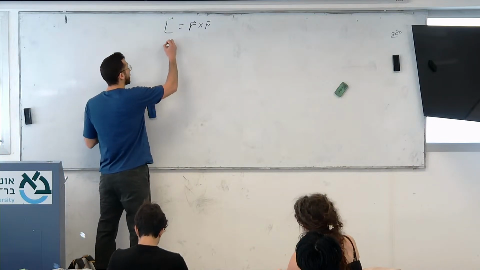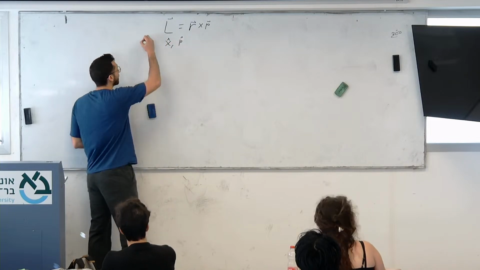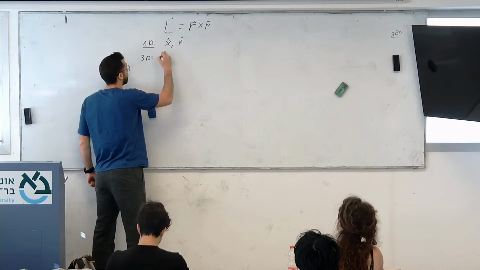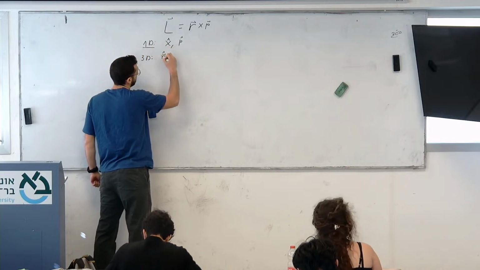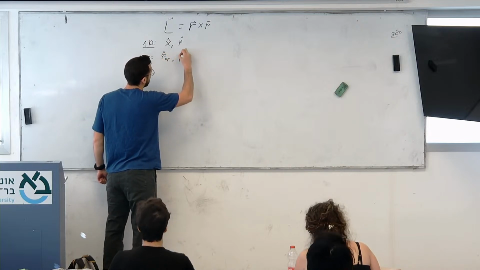So we have the X operator and the P operator. This is 1D. In 3D, we have our R vector operator. We can have it with a hat or just as an operator, and also a P vector operator.